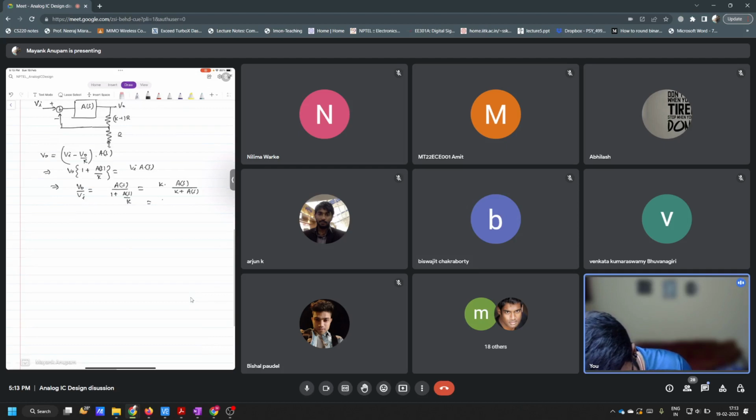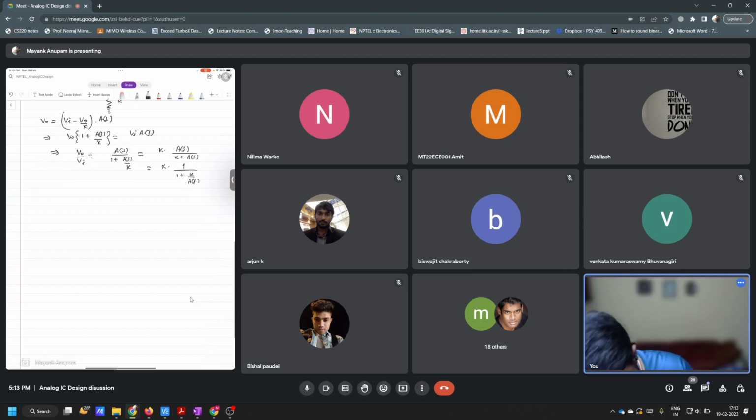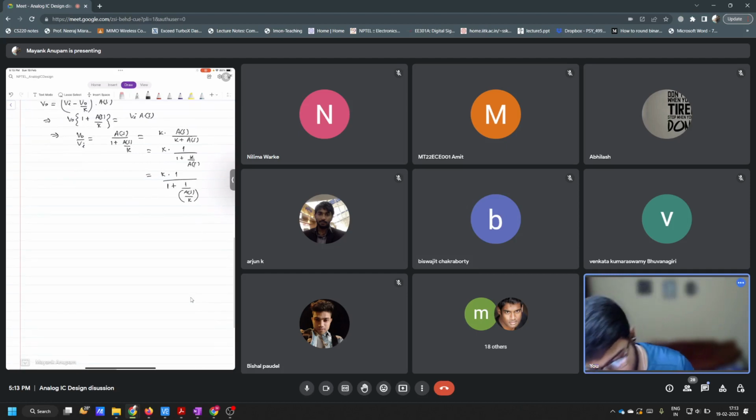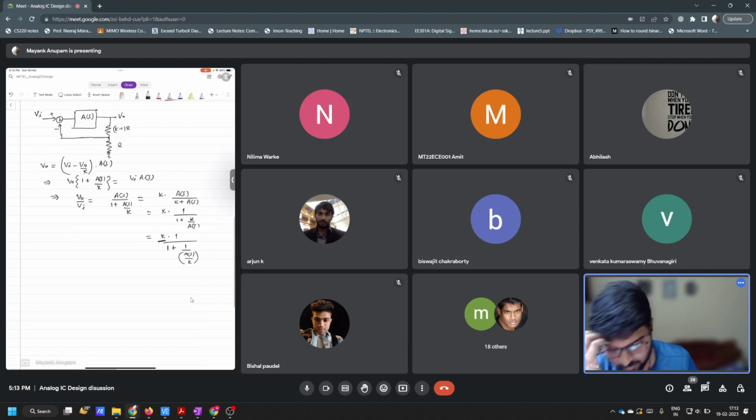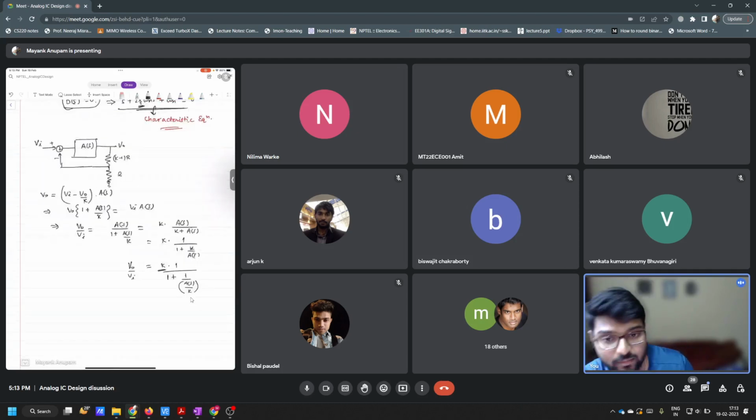Now bring A of S to the denominator, K into 1 over 1 plus K over A of S. Make it even simpler like this, 1 plus 1 over A of S divided by K. Now what is A of S divided by K here? But first of all, what is K here? So this is, by the way, V naught by Vi. And what is K here?